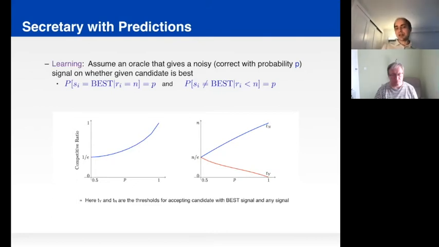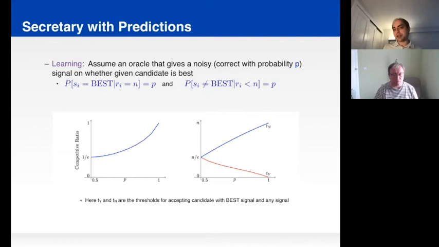And the plot on the right is showing exactly the evolution of these 2 thresholds. So the red line is the threshold when the oracle says, yes, this is the best one. So it gets earlier and earlier. If your oracle is reasonably good, I reduce the time where I'm relying on this is the best so far signal, and I'm using more of the oracle signal to help me decide.